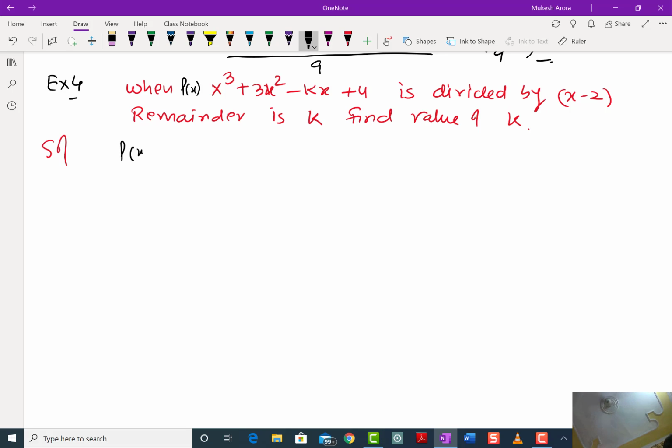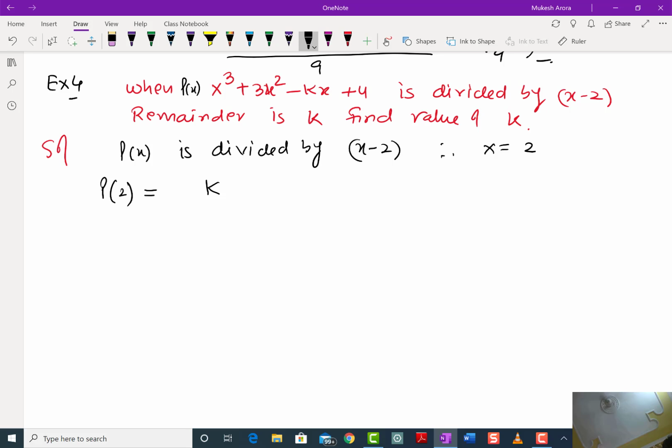Solution: p(x) is divided by x minus 2, therefore x is equal to 2. Now what he says is that when we put the value 2, or we divide the equation by x minus 2, then the remainder is k. Meaning if we put the value, the remainder will come k.